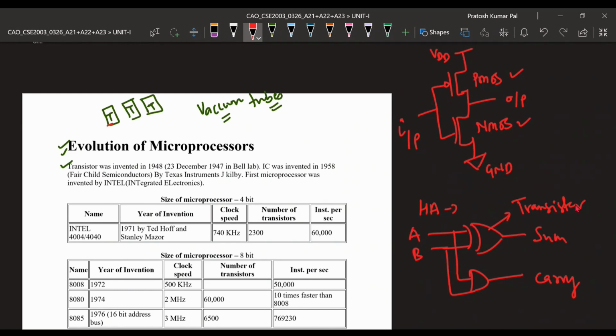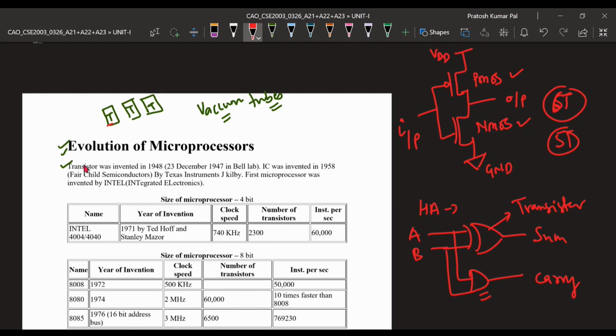How many transistors are there inside this half adder? You can just imagine. If an AND gate is there, we need around 5 or 6 transistors to implement it. If a NAND gate is there, we need only 5 transistors. Similarly, for an XOR gate, we need a larger number of transistors.